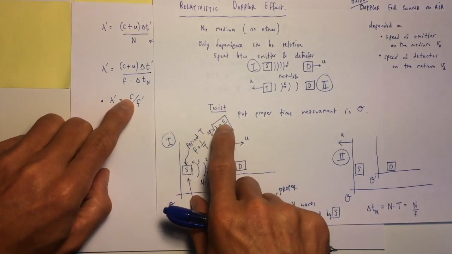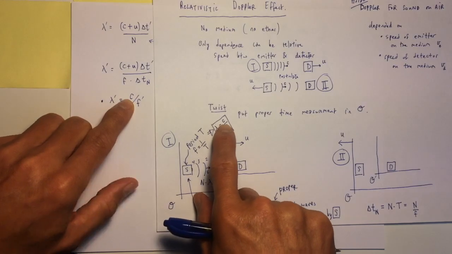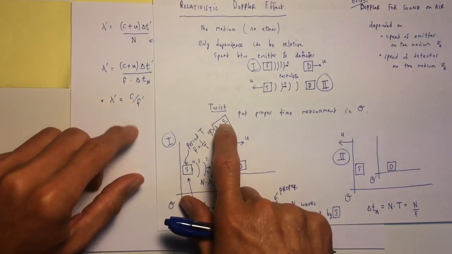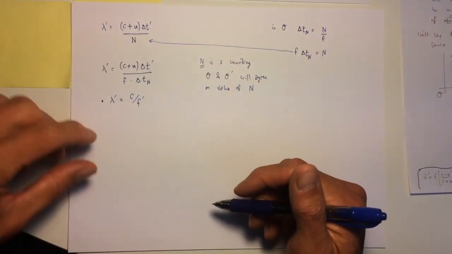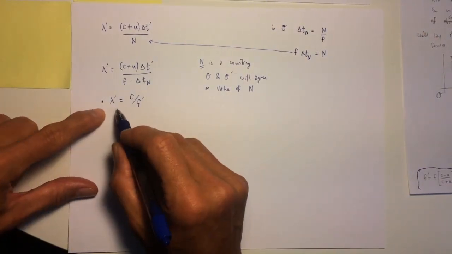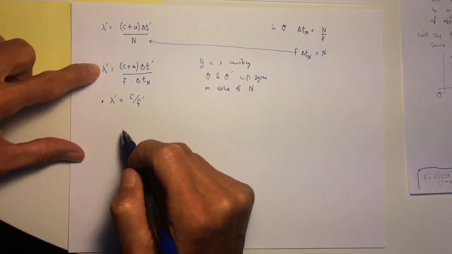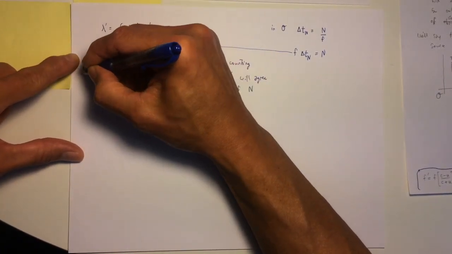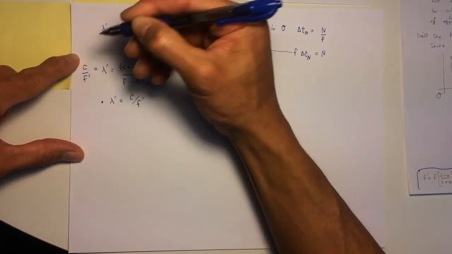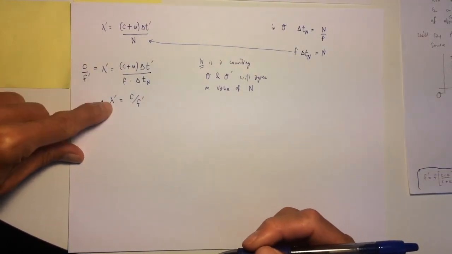O and O prime agree on the speed, right? Because that's Einstein's postulate. All the inertial observers are going to agree on the speed of light. So that's one piece of the puzzle. So over here, I can just say that this is the same thing as c over f prime, right? That's what lambda prime is.